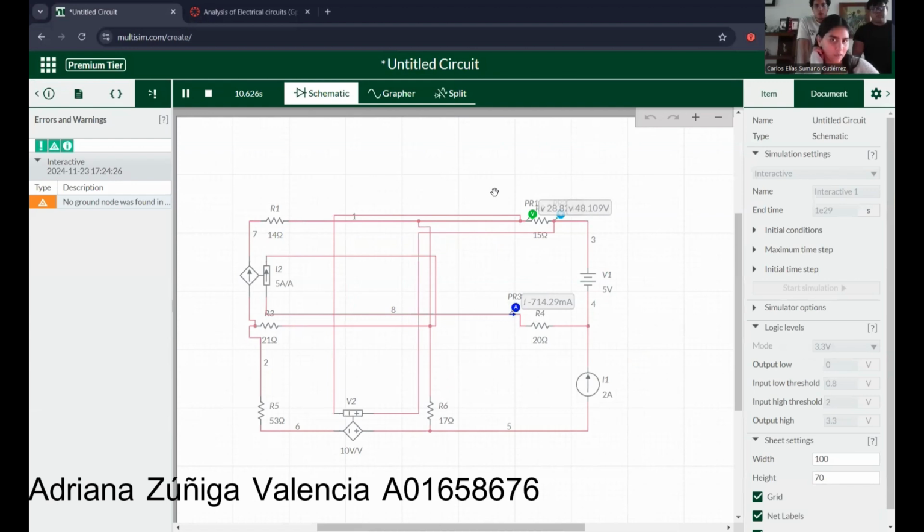So we get that Vx is equal to 28 volts, and the current passing through resistor number 4 is equal to 740 microamperes. The sign is negative because the marker has a current in the opposite direction.